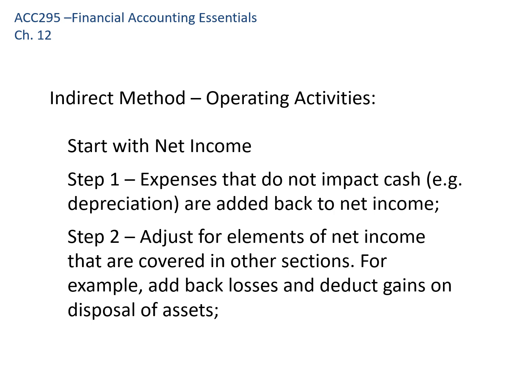Step number 2, we're going to adjust for elements of net income that are covered in other sections. So I mentioned before, the investing section is where we record buying and selling long-term assets. Well, when we sell long-term assets, sometimes we might have a gain or a loss associated with that.